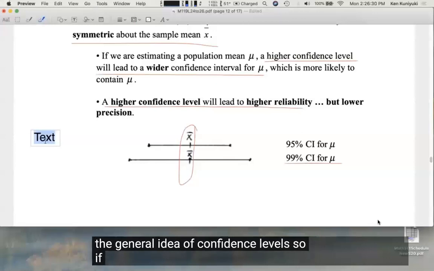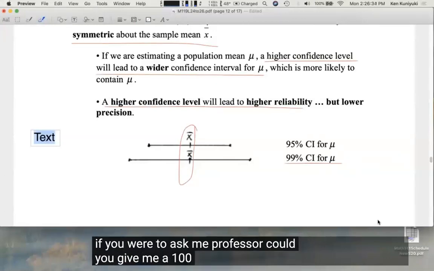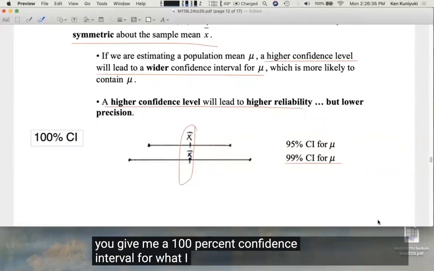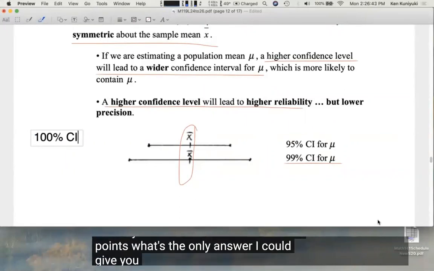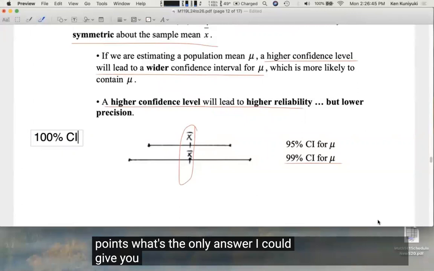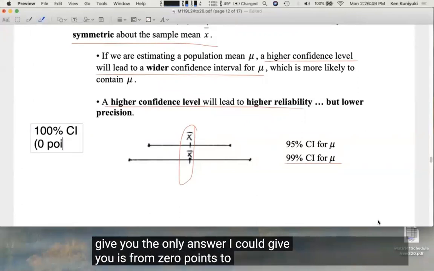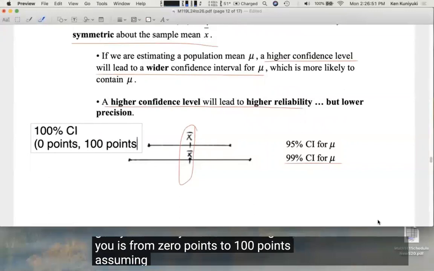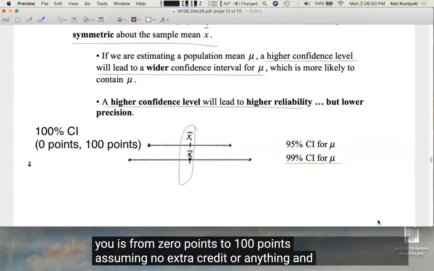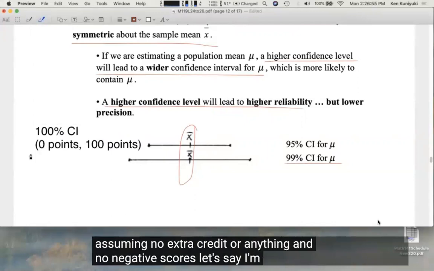So if you were to ask me, Professor, could you give me a 100% confidence interval for what I did on the test? Let's say the test was scored out of 100 points. What's the only answer I could give you? The only answer I could give you is from 0 points to 100 points, assuming no extra credit or anything, and no negative scores. Let's say I'm not super cruel.